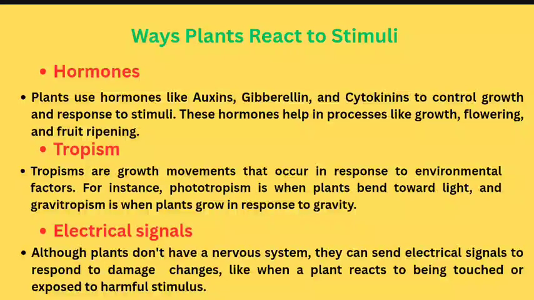And the second thing is tropism. Tropism is a growth movement that occurs in response to an environmental factor. For instance, phototropism is when a plant bends toward light, and gravitropism is when a plant grows in response to gravity.